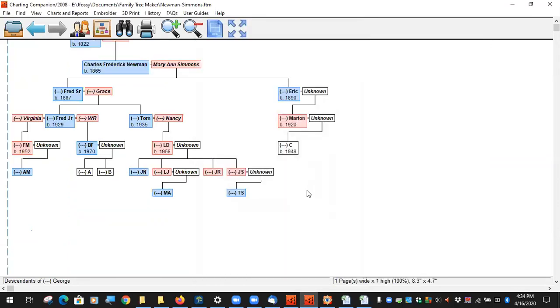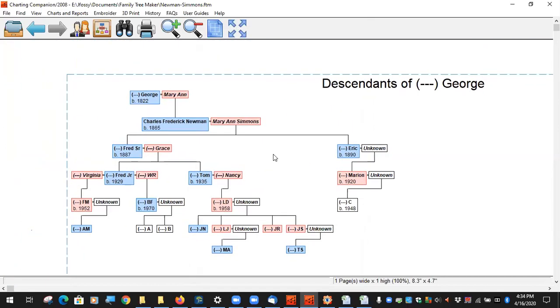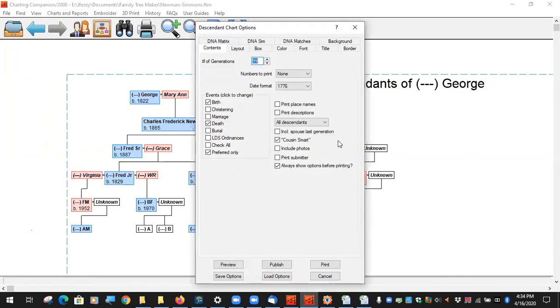Okay, mine didn't show a spouse, but there must be a spot I can put in for it to show a spouse. Well, you'd have to have the spouse in the tree. Yeah, the spouse is in the tree, but it didn't show. Okay, then there is an option on here. You probably want it to say all descendants, because you can tell it to omit spouses.